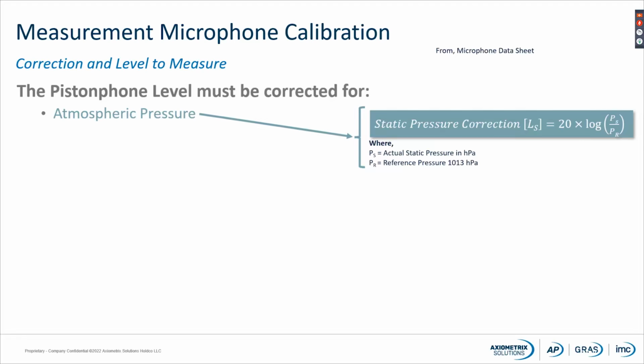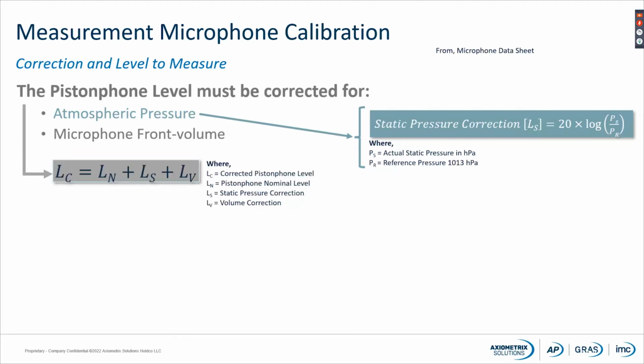It's just the logarithm of the ratio between the actual pressure and the reference pressure, 1013 hectopascal. Next, we have to know the front volume of the microphone, and when we know it, we can also calculate the piston phone level when we have made the corrections according to the formula given here.